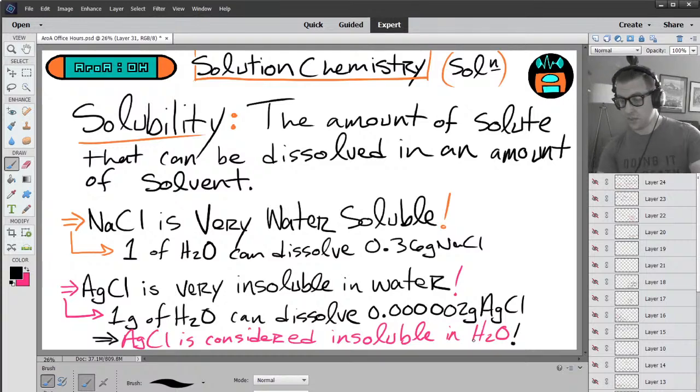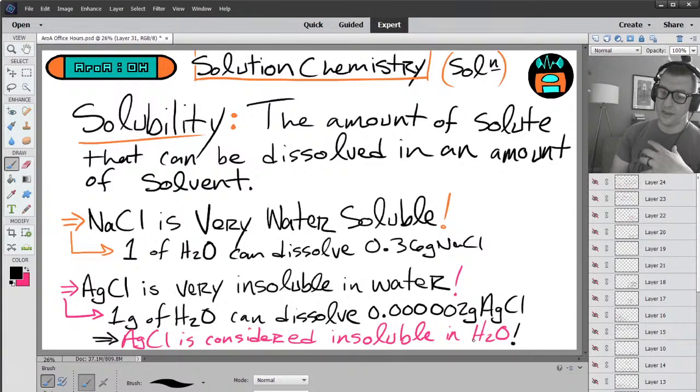With sodium chloride, water can dissolve a third of its weight in sodium chloride. Whereas with silver chloride, water can hold 0.002% of its weight. It's a very drastic difference, which is why compounds like silver chloride, whose solubilities are that low, we just consider insoluble, because it's so small, it's negligible.